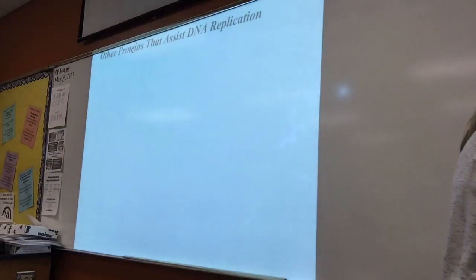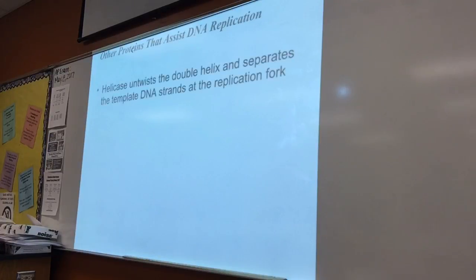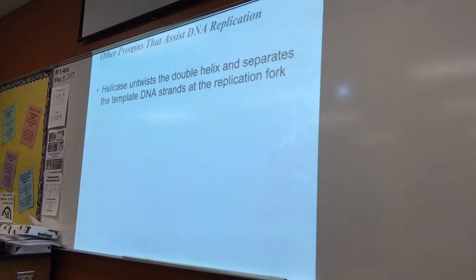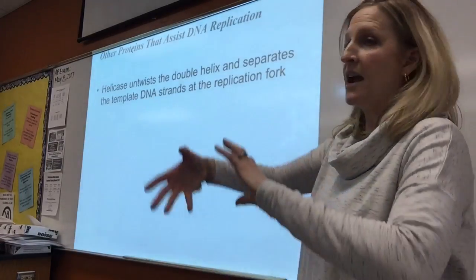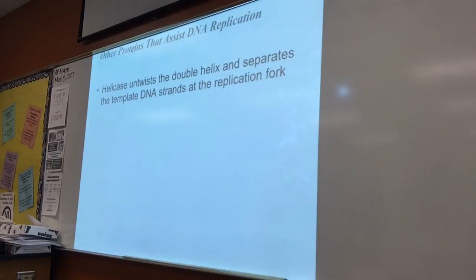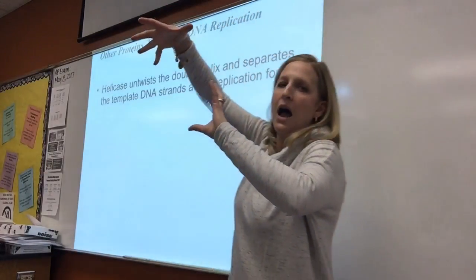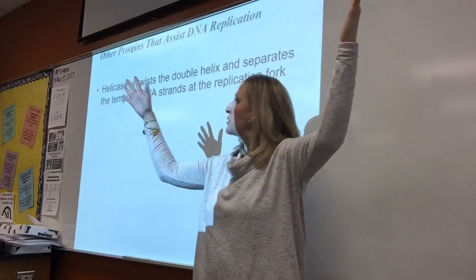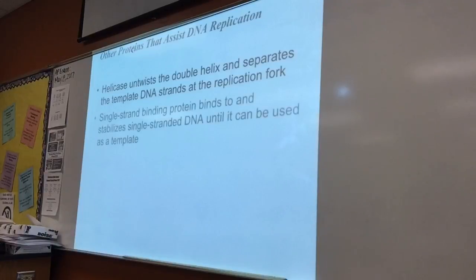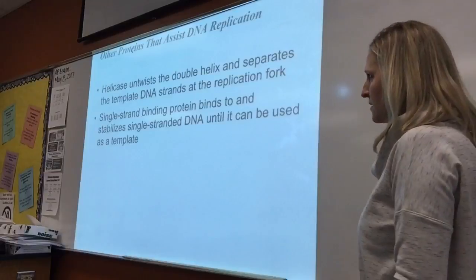There are a few other enzymes, or other proteins, which enzymes are proteins, that help with DNA replication. I alluded earlier to the fact that before DNA replicates it has to unwind and unzip. There's an enzyme called helicase that does that. It untwists, and the hydrogen bonds are broken. The next thing that's new is single-strand binding proteins.